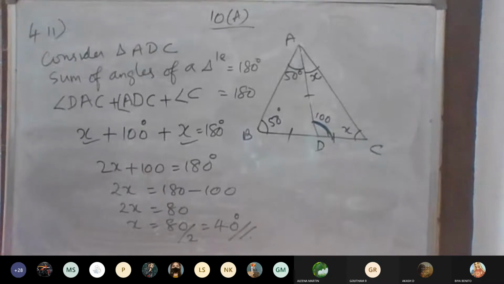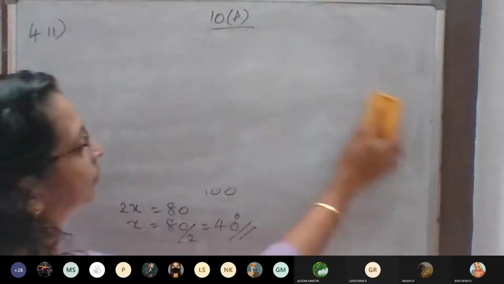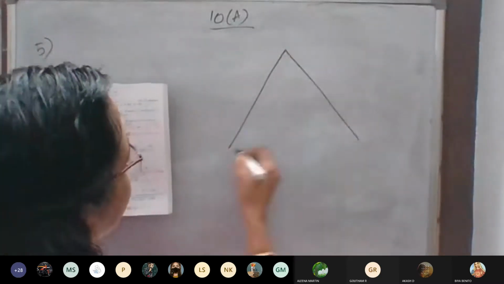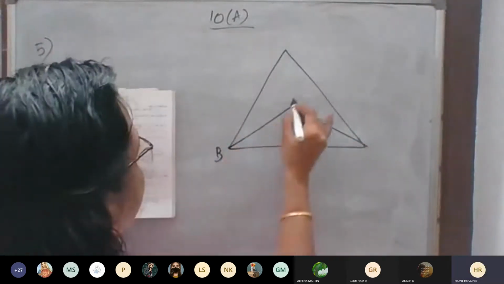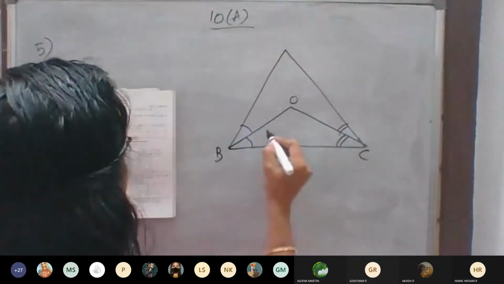Then question number 5. B, O, C. These two angles are equal.